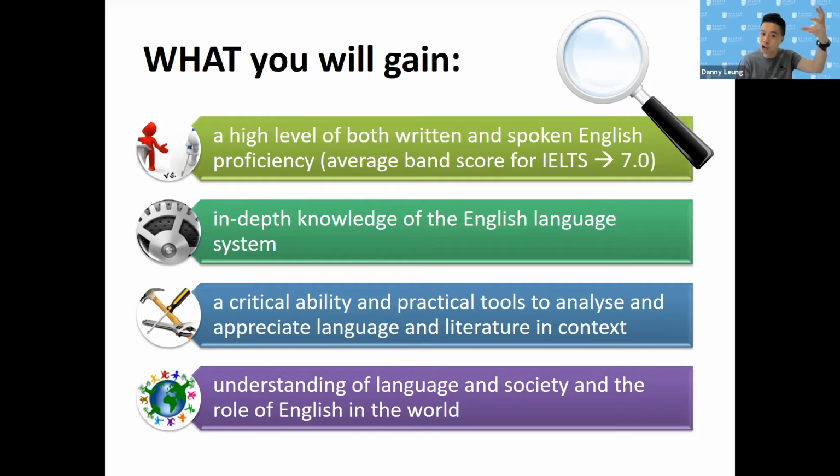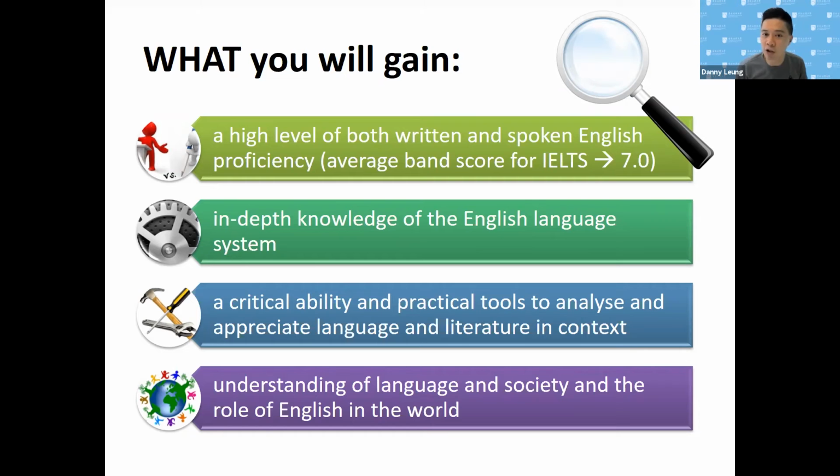We are talking about British English in the UK, American English in the US, or even Hong Kong English in Hong Kong. So we will take a look at the interesting things taking place in these different varieties of the same language, English, in different parts of the world. All right, so that's basically the very last point here: understanding of language, English language, of course, and society and the role of English in the whole world in the 21st century.